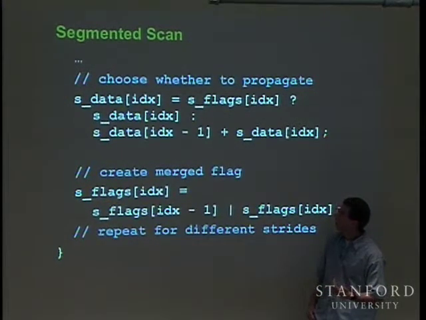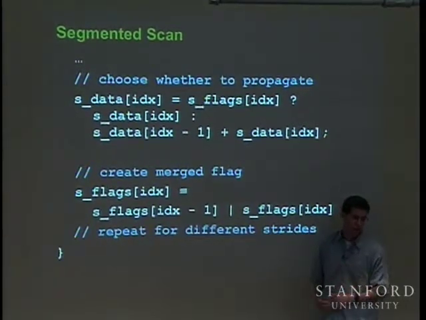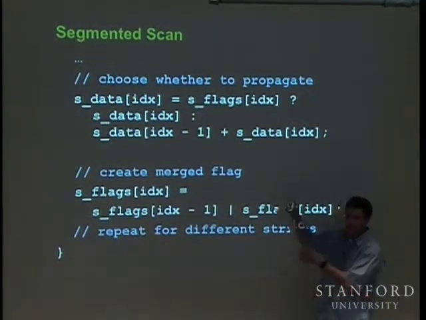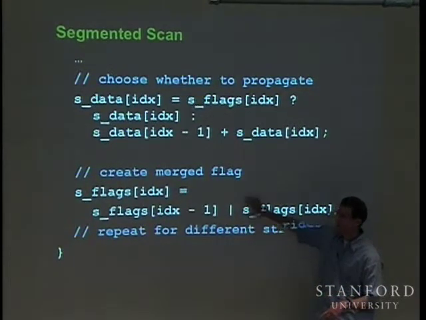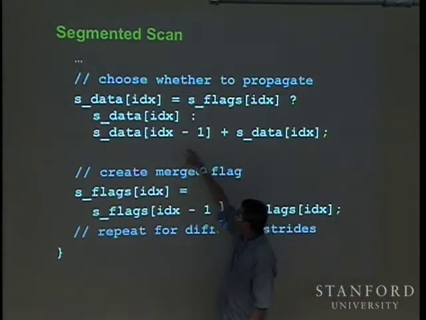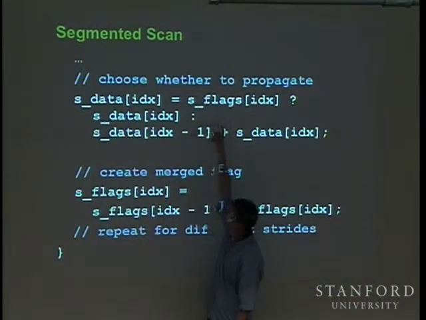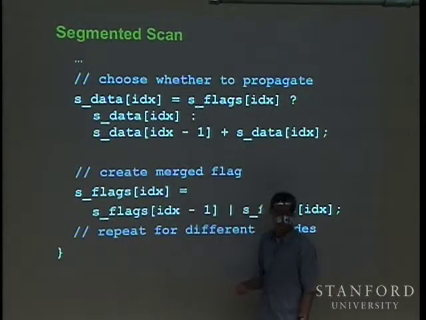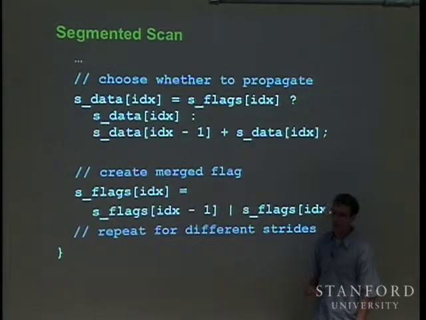I won't show you the whole code because scan was already pretty complex. Segment scan is even more complex. But it's basically the same exact pattern as scan, just that you're operating on the flags array at the same time as you're operating on the data array. And on the data array, you're looking at not just the actual data, but also taking into account what value you have at that location in the flag array. Does that make sense to everybody?